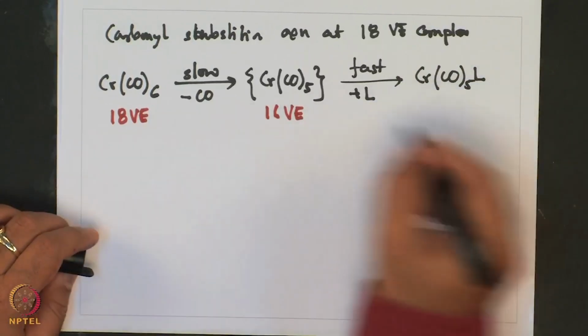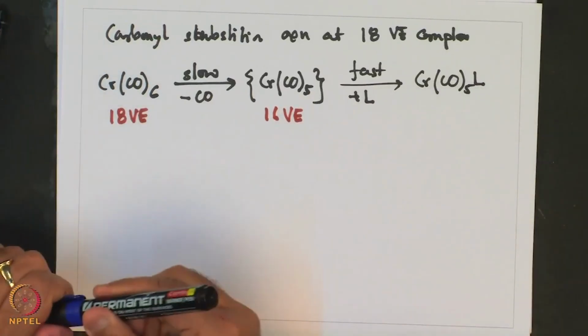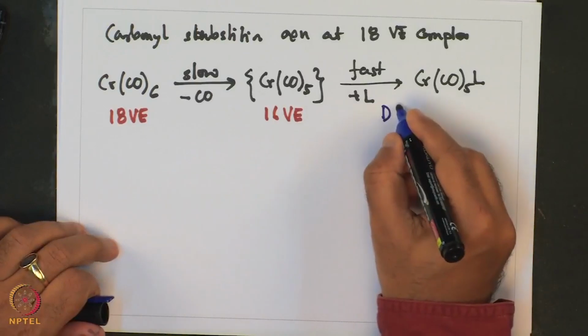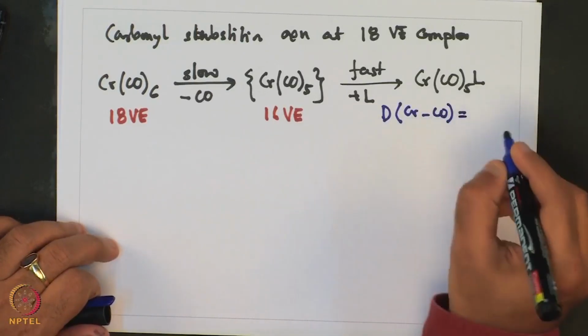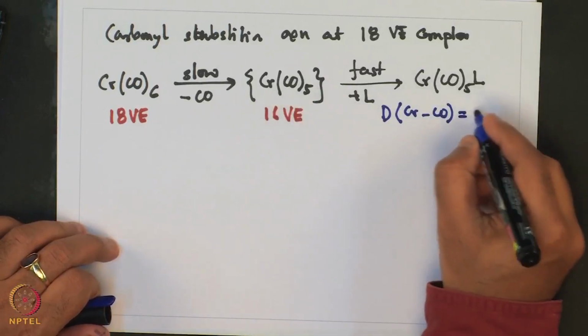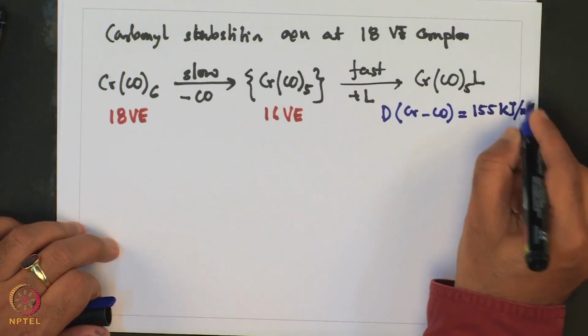Now, this reaction is governed by the dissociation energy of chromium carbonyl, and the Cr-CO bond dissociation energy is about 155 kilojoules per mole.